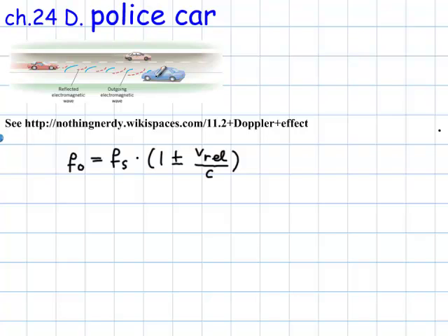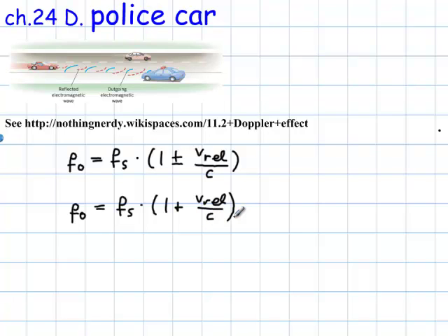So the observer's frequency, and then when it goes back to the police car, it's yet larger, and that can only be achieved if there's a plus. So that's the way we're going to write it. They come close to each other. Sorry, that was a little bit of a convoluted explanation. I guess I could have done it a little better. Okay. Anyway, plus relative velocity over the speed of light.